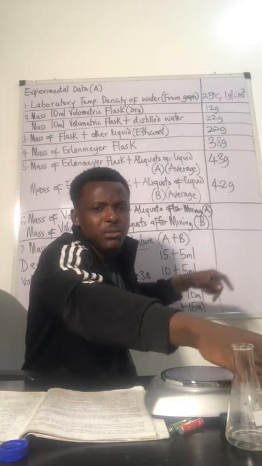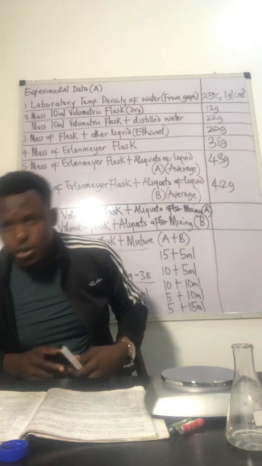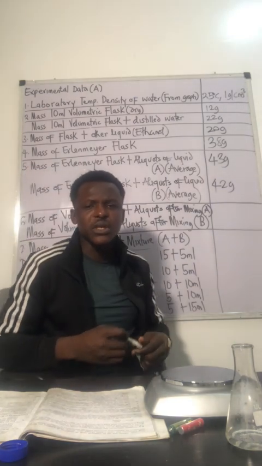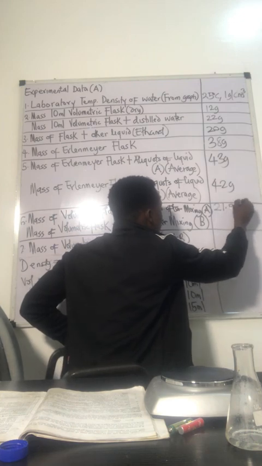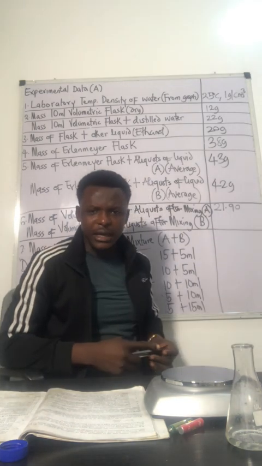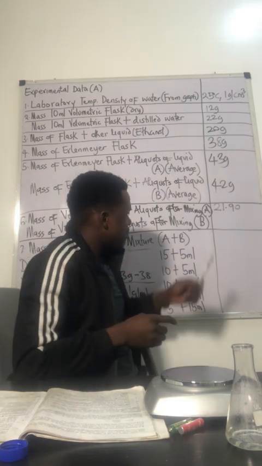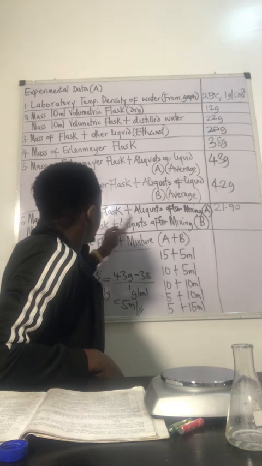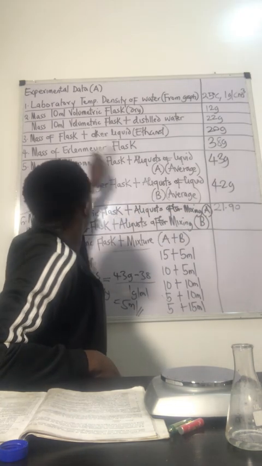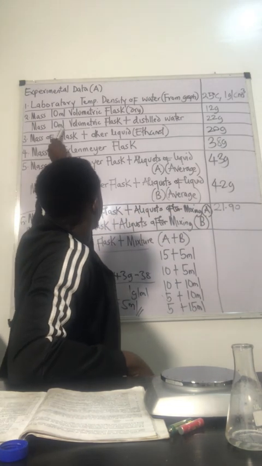But you don't want it to look as if you did not carry out the experiment. So instead of writing 22, you can just decide to write 21.90. Do you get? Now, I repeat, this 6I is the mass of volumetric flask plus aliquots after mixing. 2II is the mass of the volumetric flask.